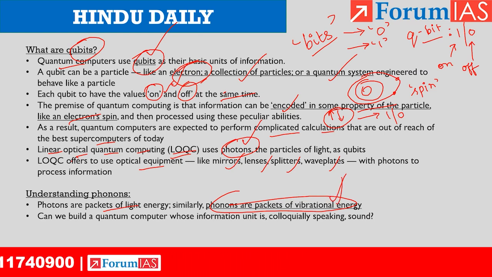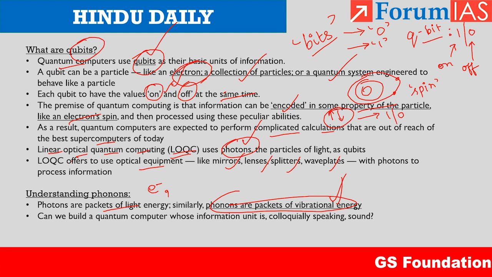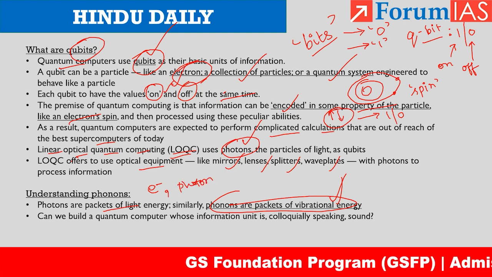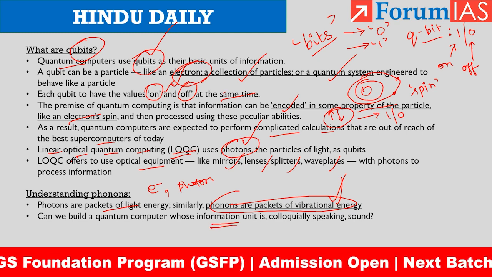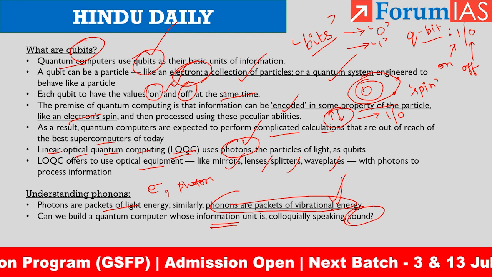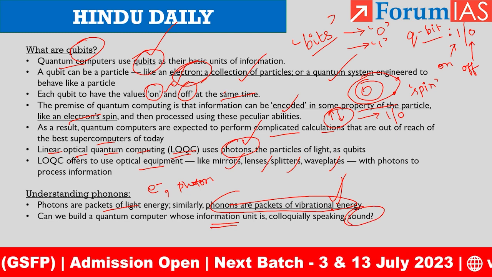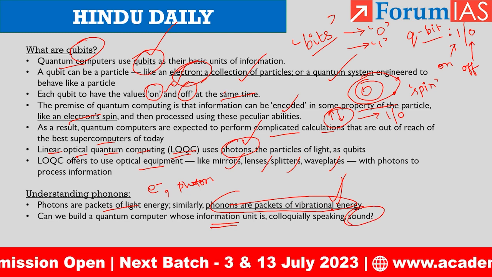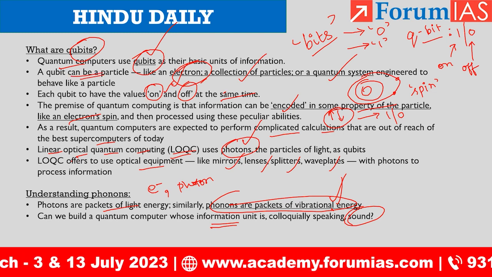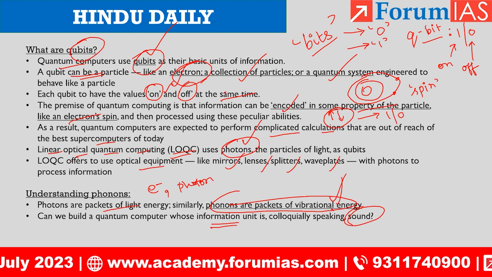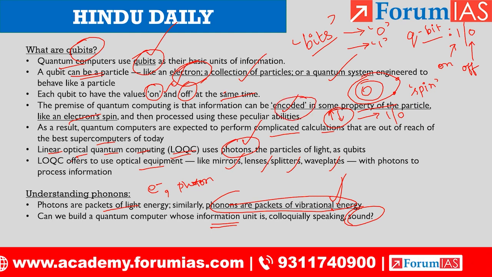So, we have seen that a quantum computer is built on the basis of electrons. We have seen that it is built on the basis of photons. Can we similarly use sound as a basic unit of information? A qubit can be a particle, right? In that, the on and off message is encoded.